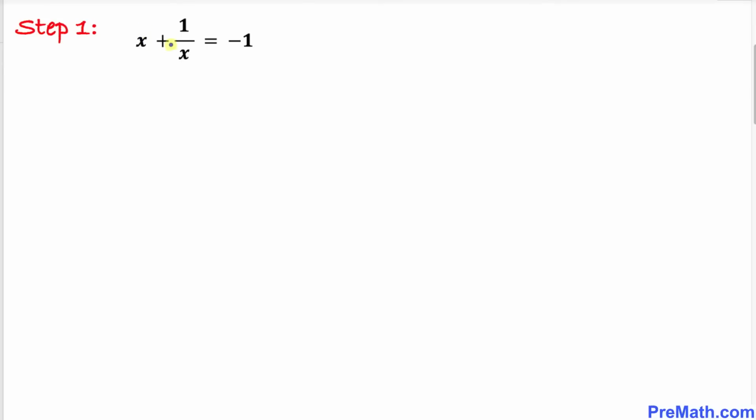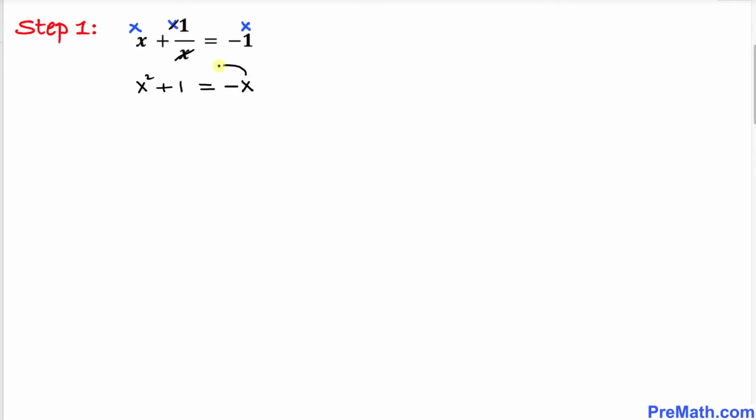Now let's go ahead and remove this fraction by multiplying across the board by x. I'm going to multiply this term by x, this term by x, and this term by x. So x times x is going to become x squared. This x and x cancel out, so we end up with just simply plus 1 equal to -1 times x, which is -x.